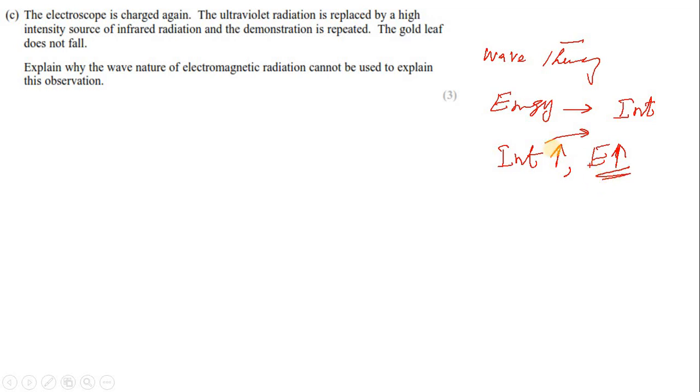So it doesn't matter if you are replacing the ultraviolet with infrared, which of course has less energy than ultraviolet. Even if you are increasing the intensity, intensity will not affect the energy of the radiation. So the energy stays lower than the ultraviolet. That's why electrons do not emit, and the gold leaf does not fall.